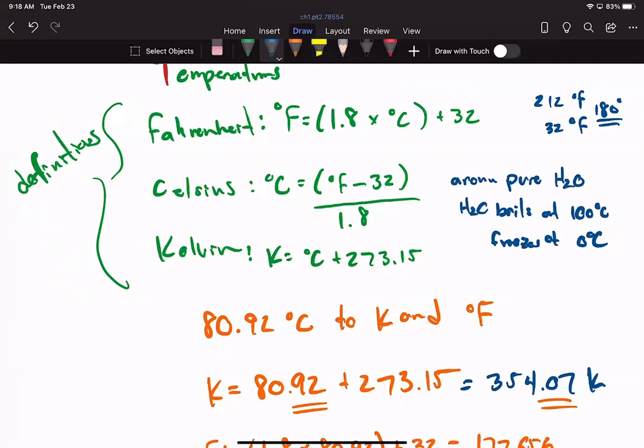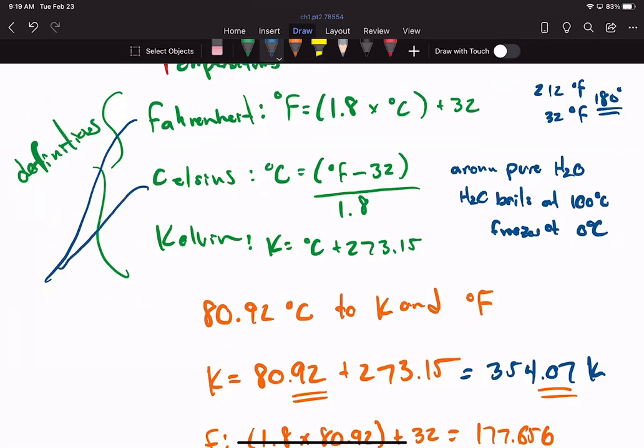And then we have the Kelvin scale. Oh, and one other thing, Fahrenheit and Celsius can be negative. You get -5 degrees, -20 degrees, never got -100 degrees, but Kelvin cannot. Kelvin cannot go past 0 Kelvin.